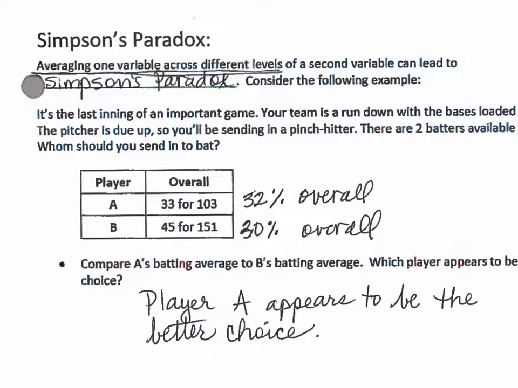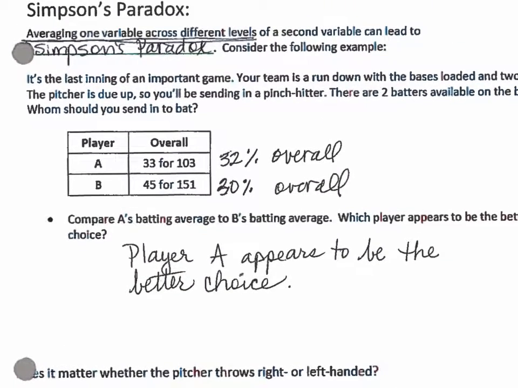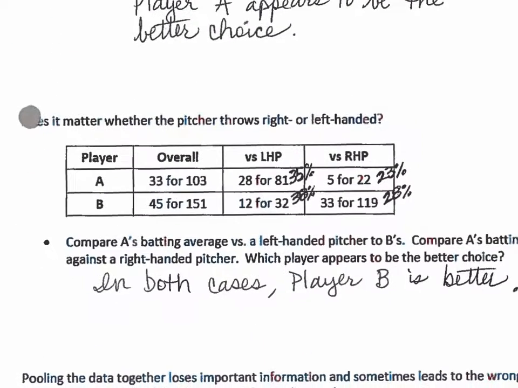Let's remember what Simpson's paradox is saying. Just a real quick review. We said that overall, player A was the best hitter, 32% versus 30%. But when we separated it into left-handed pitchers and right-handed pitchers, in both cases, player B was better.